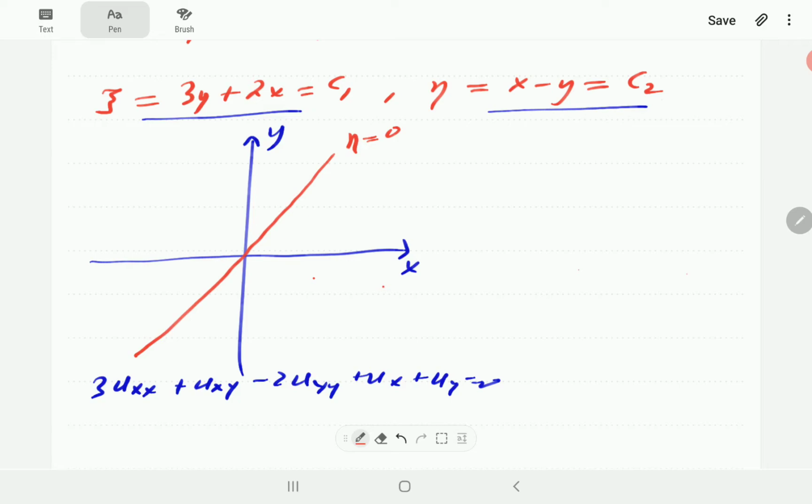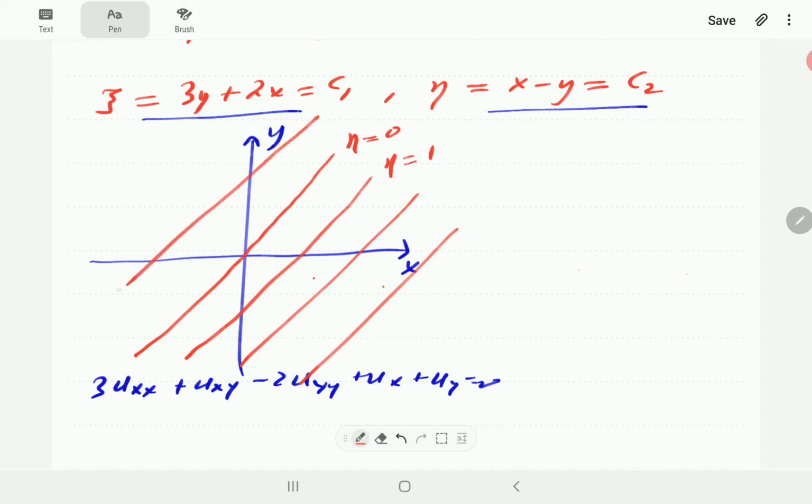If c is equal to 1, this is going to give us y equals x minus 1. So basically this is going to give us a set of parallel lines. This is eta equals 1. It's going to be eta equals -1 here, like that.